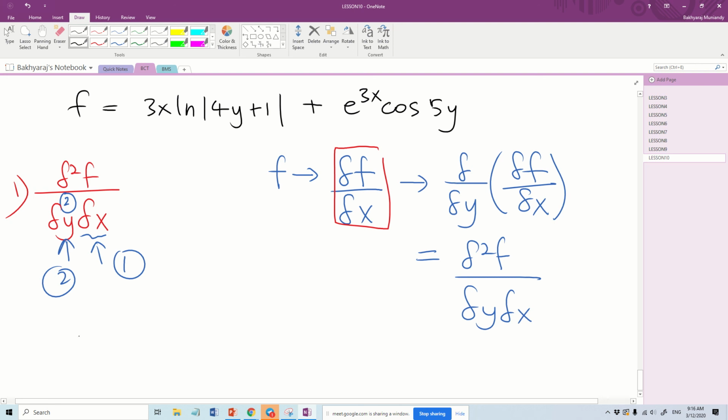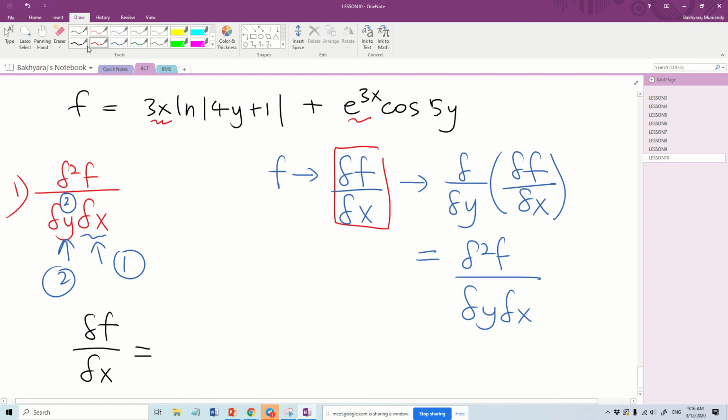So I go with the answer delta f over delta x equals. Now I want to differentiate with respect to x, so I should go for x. So this is my x and this is x. So I only consider this.